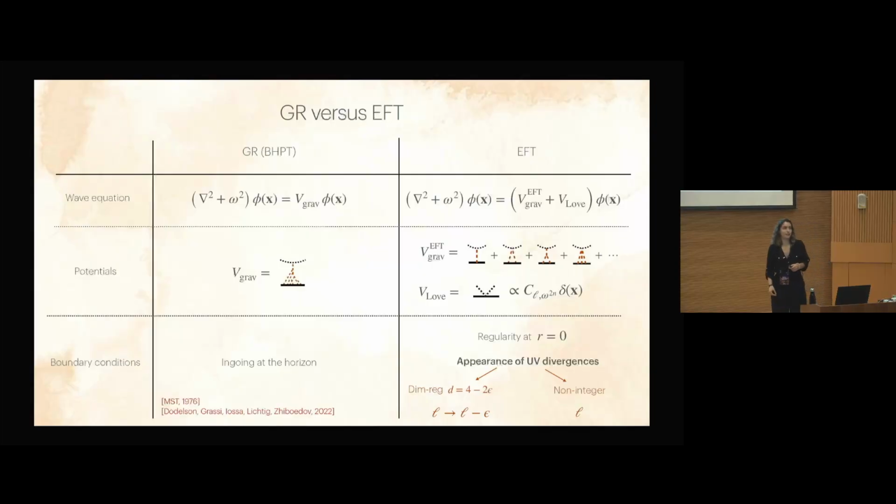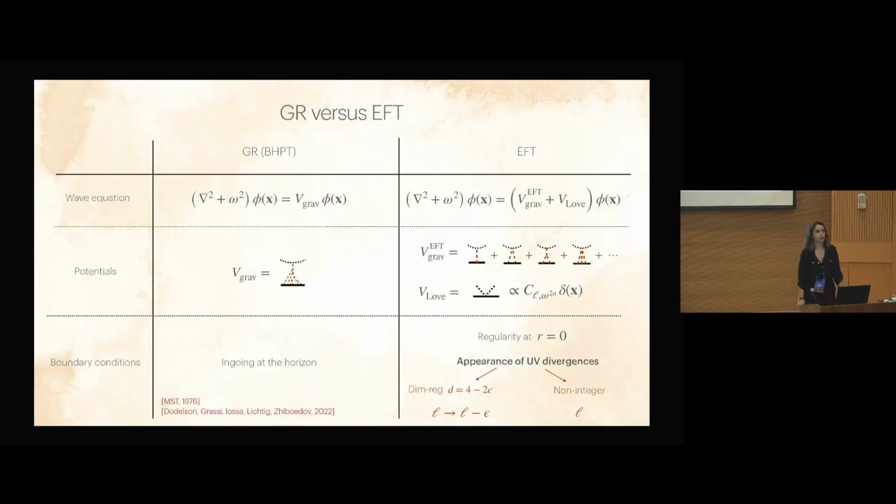And that's where the problem is, because we're imposing the boundary condition at r equals 0 over and over again, with a potential that is more and more singular in 1 over r, and at some point things blow up, and that's where UV divergences emerge. So we need to somehow regulate these UV divergences. One way, which is the standard QFT way and also what we did, is to move away from 4 dimensions.